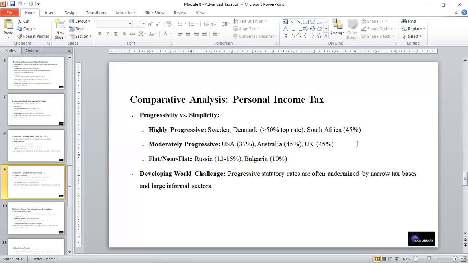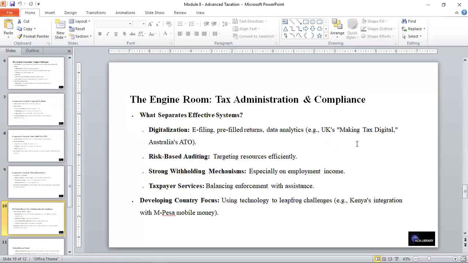The engine room is tax administration and compliance, and what separates effective systems is digitalization in terms of e-filing, pre-filled returns, and data analytics, such as the UK's Making Tax Digital and Australia's ATO.